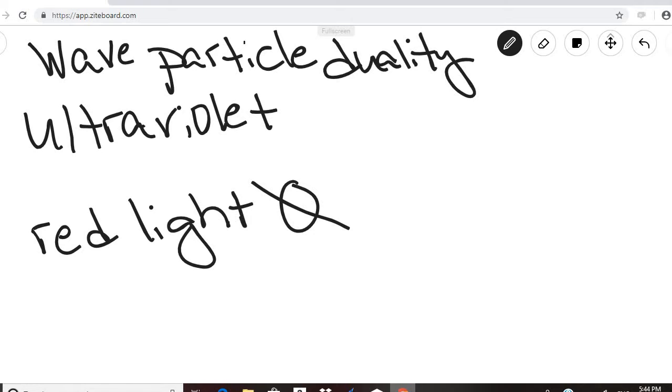It doesn't matter how much red light you shine on a metal, it does not have the energy, it doesn't have the frequency to emit electrons. No matter the intensity of the red light, you're not going to get electrons emitted. Okay, so how does this all apply in terms of physics?